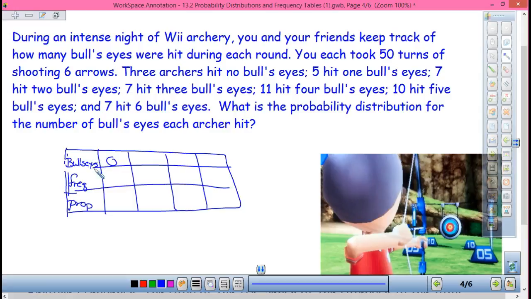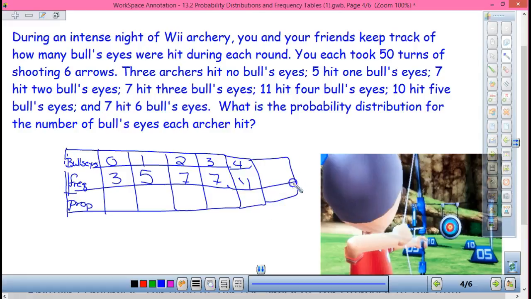So how many were there 0? 3 hit 0 bullseyes. How many had 1 bullseye? 5. How many had 2 bullseyes? 7. How many hit 3? How many hit 4? 11.